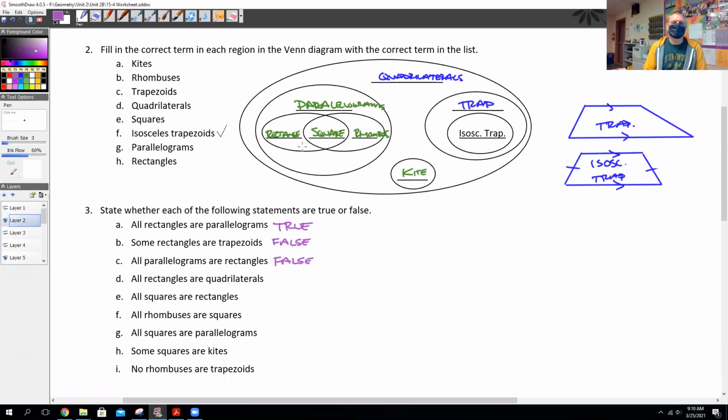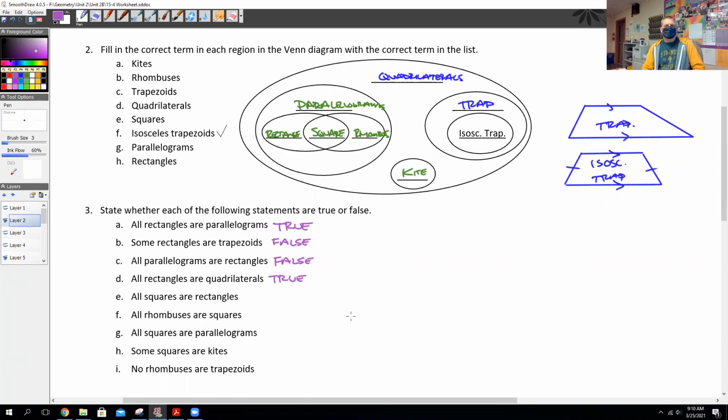A rhombus is a parallelogram that's not a rectangle, and then you've got all sorts of regular parallelograms that are not rectangles either. Okay. All rectangles are quadrilaterals. Is this inside the whole quadrilateral circle? Yep, because the quadrilaterals is the whole thing. So this is true.